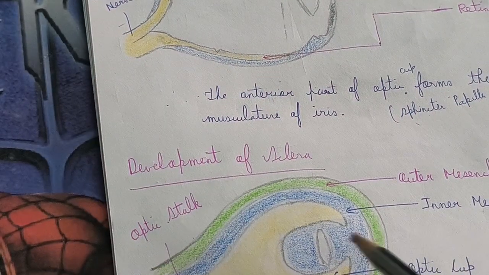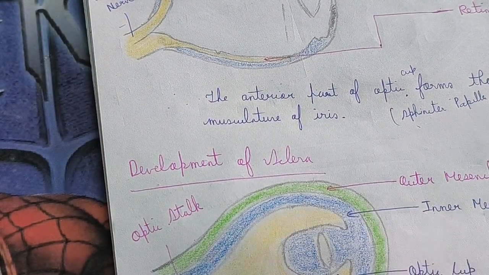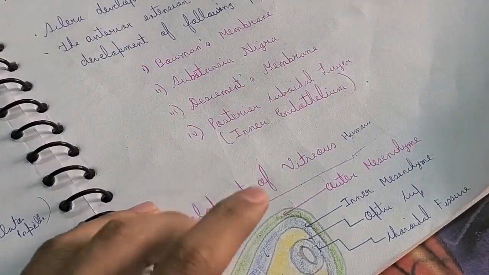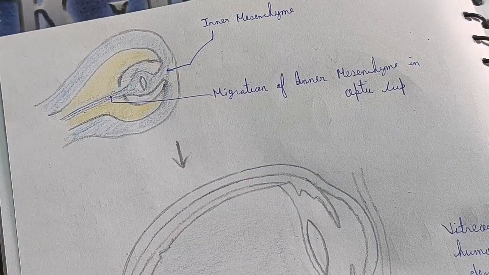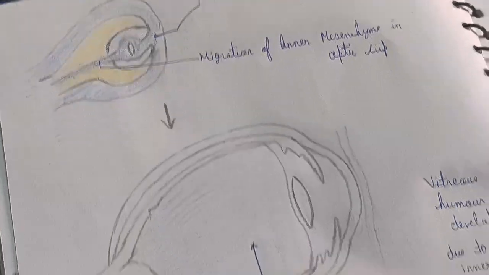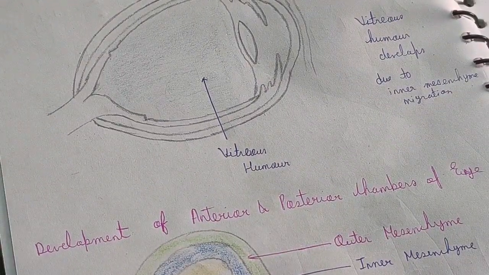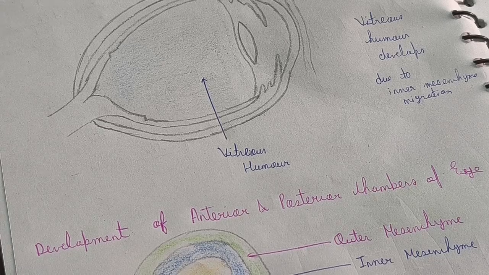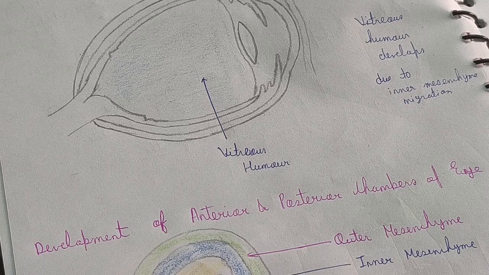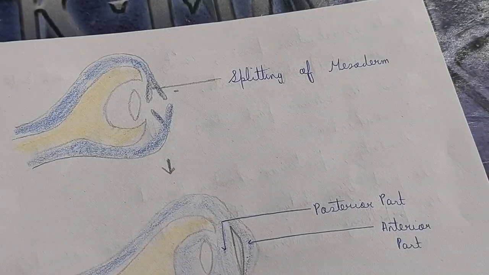The sclera is formed from the outer mesenchyme, which is also mesoderm, so the sclera is mesodermal in origin. Just like that, the vitreous humor also develops from the inner mesenchyme, so it is mesodermal in origin. The anterior and posterior chambers also form from the inner mesenchyme, so the anterior and posterior chambers, or the aqueous humor, are also mesodermal in origin.